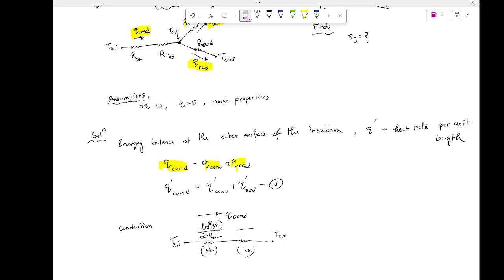Obviously, you've got to draw everything that you're seeing here, right? Brother, you're well ahead. So now what do you do? The Q conduction is missing. Can you find the Q conduction?